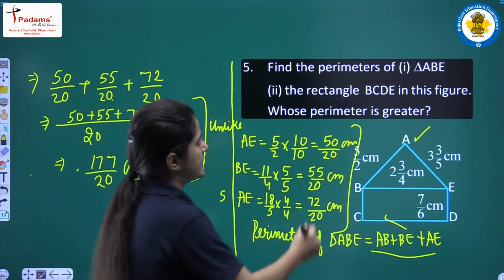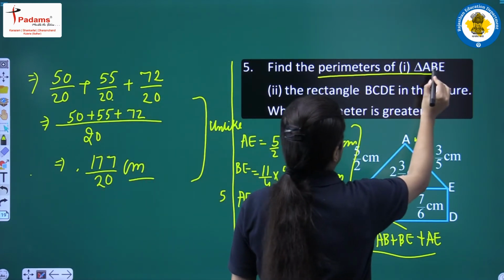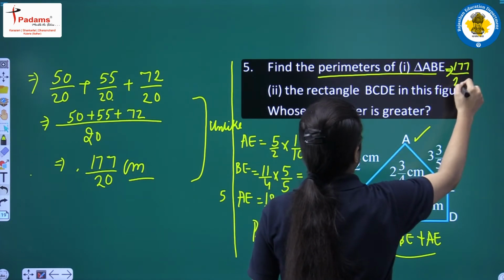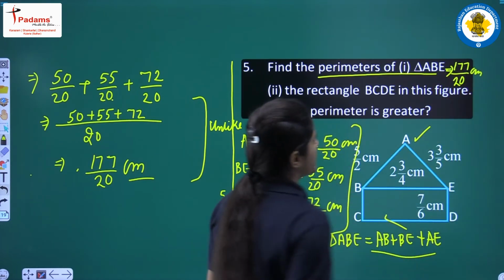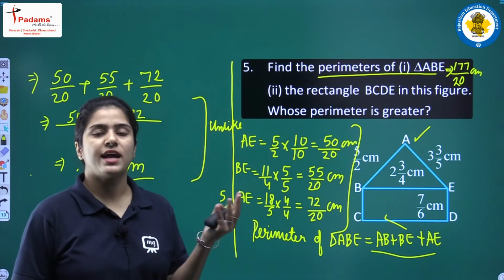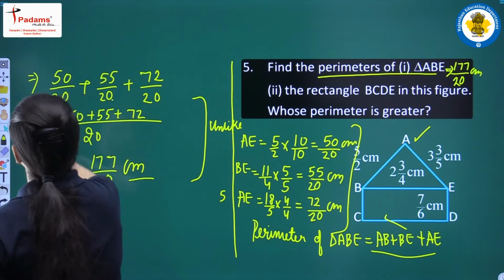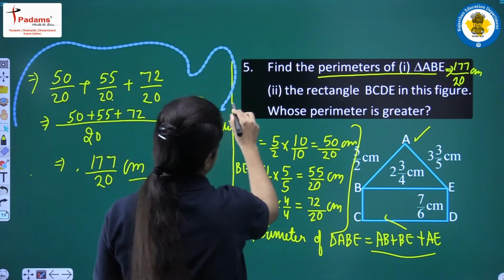So basically the perimeter of triangle ABE is equal to 177 upon 20 centimeters. Now in the second part we have to find the perimeter of the rectangle. So now we'll do that part.